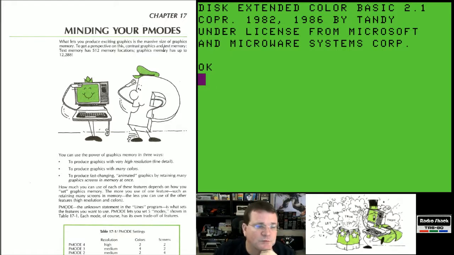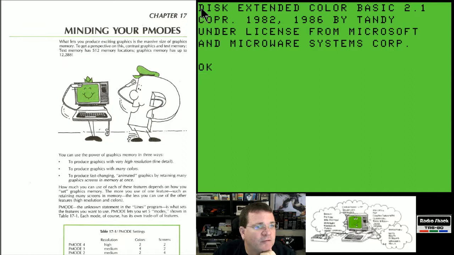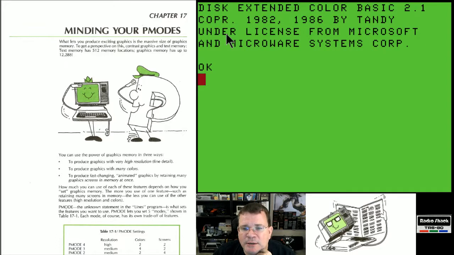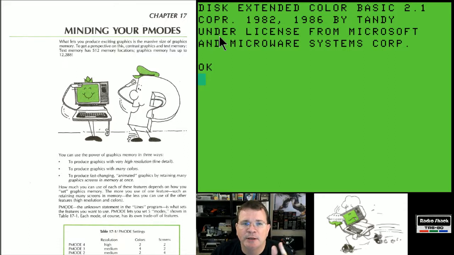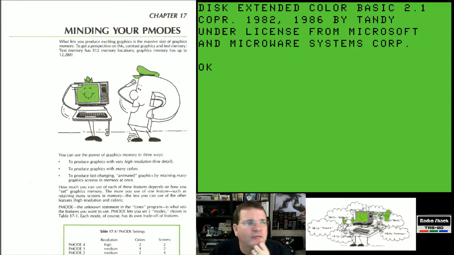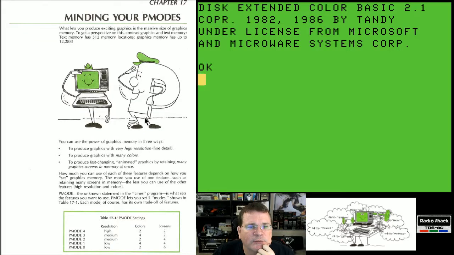Because 1 byte of information is a single character on our text screen, but 1 byte of information on our graphic screen is usually only a handful of dots that take up less than 1 line of this text character. So it takes a lot more memory to make graphics. So that's what they're trying to explain to us right now.